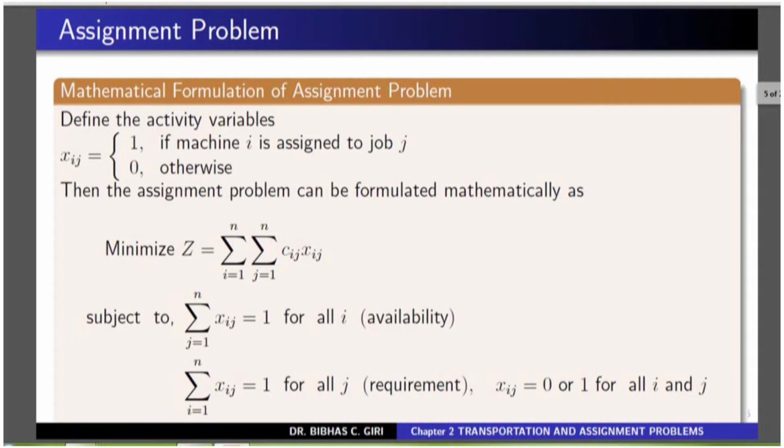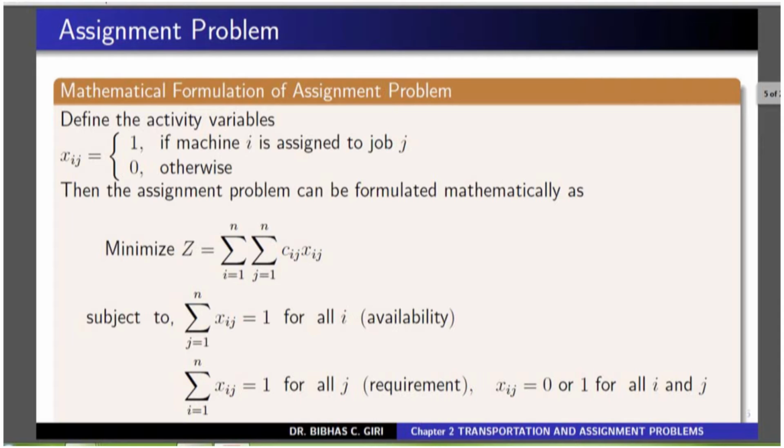To formulate this problem, we define the activity variables xij as xij equal to 1 if machine i is assigned to job j and xij equal to 0 otherwise.